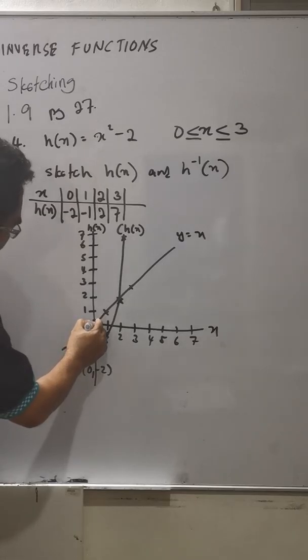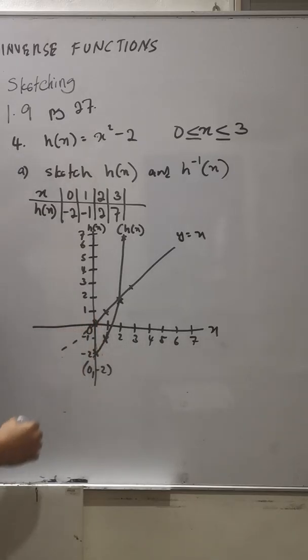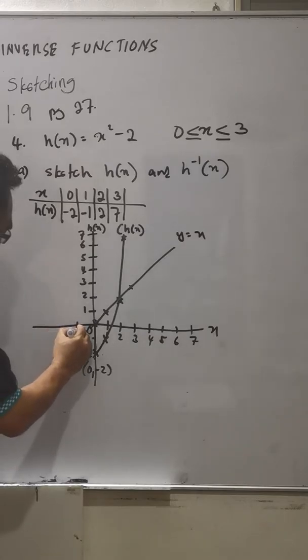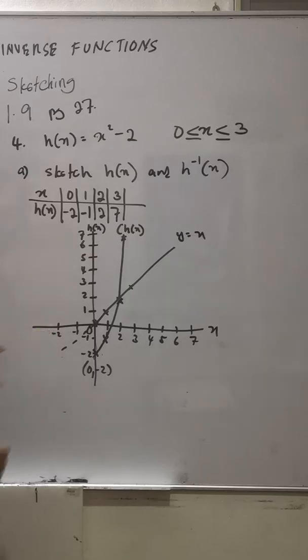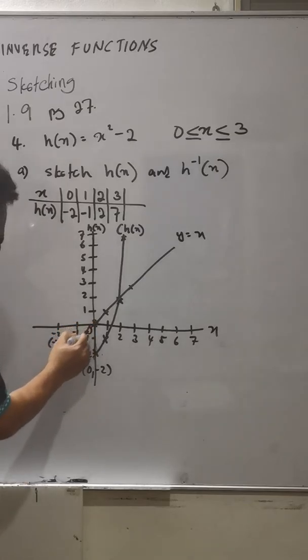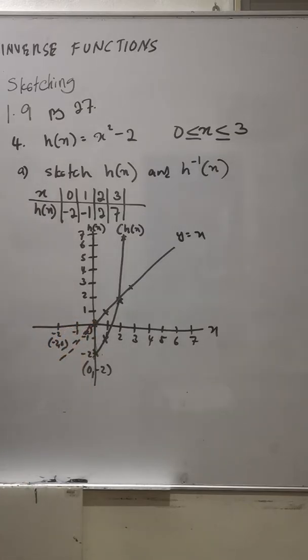So we have to draw a line, because (-2, 0) will be at -1 and -2. So the coordinate here will be (-2, 0). So you have to draw on a piece of paper where you have all the boxes, it is easier, so you can see this line correctly.